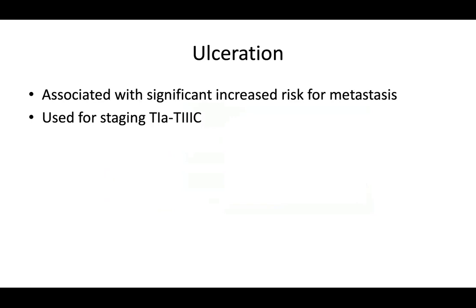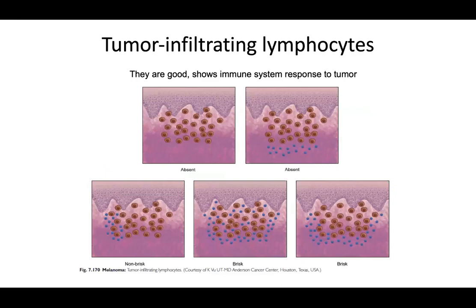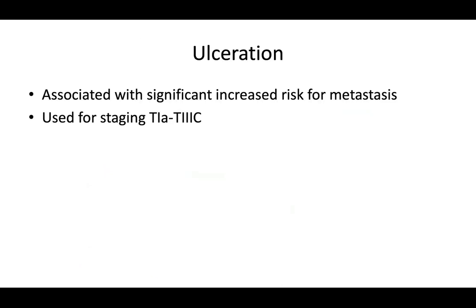Ulceration is associated with significantly increased risk for metastasis. It's used for staging. I will say a note about ulceration is I like to see a complete loss of the epidermis and some areas of ulcerative change and actual reparative change in the area. I don't want to see stratum corneum or any keratinocytes in an area of ulceration.